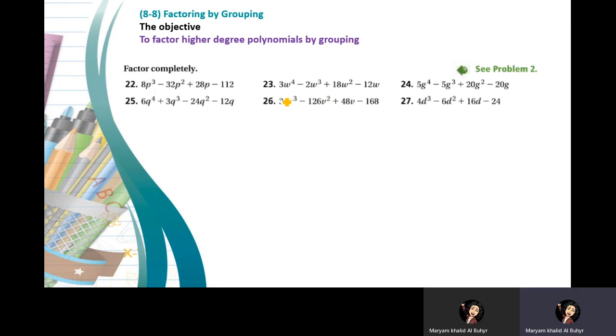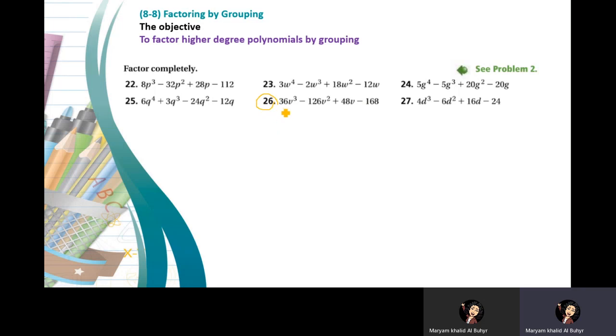Let's do 2 more exercises. Let me do this one with you first. So first of all, I will scan all my terms. Do I have a coefficient and a variable in all of them? No, there is no variable here. So there is no common variable between all of them.